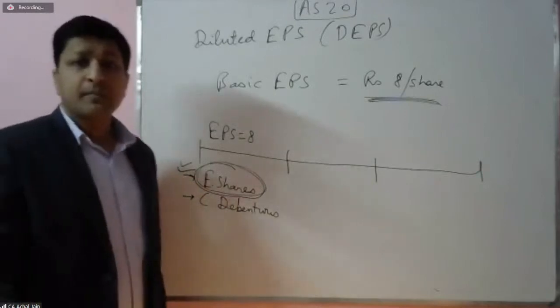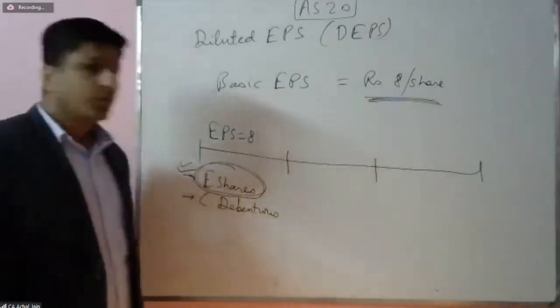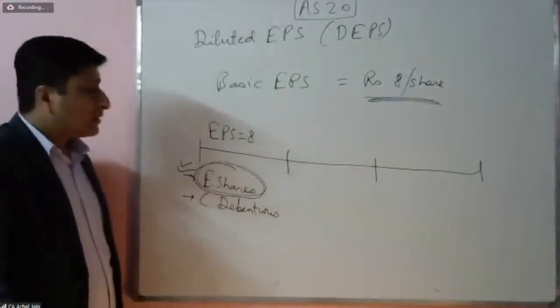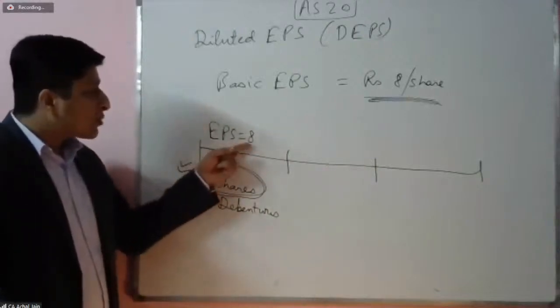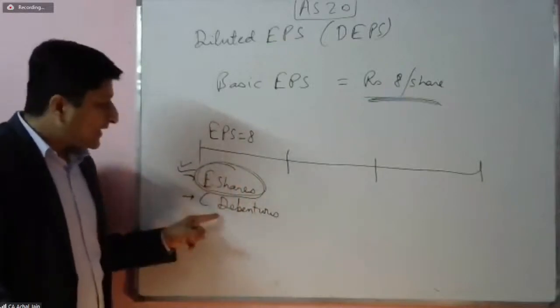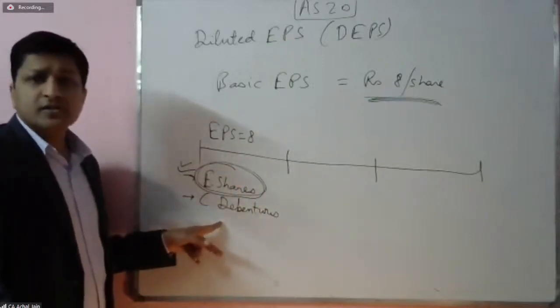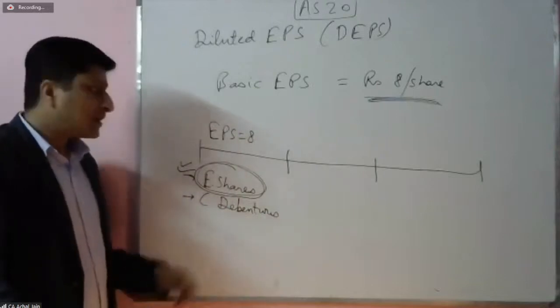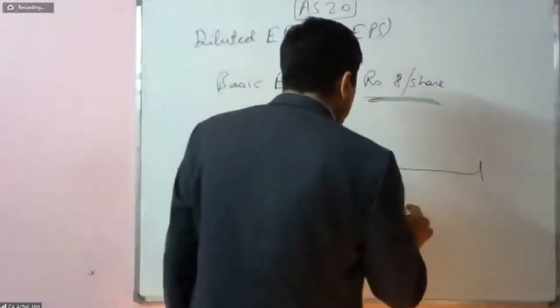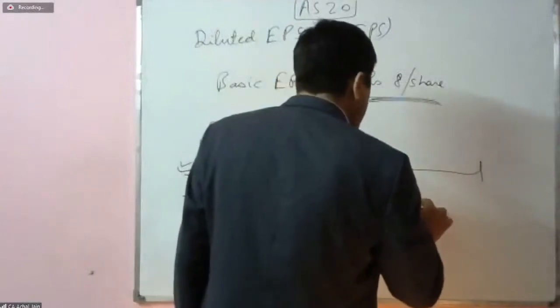The answer may be no. Why? Because even though we see this ₹8 belonging to equity shareholders, there are certain debenture holders which will also get into the shoes of equity shareholders.